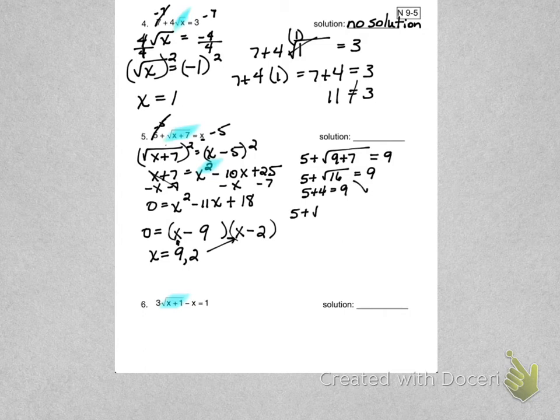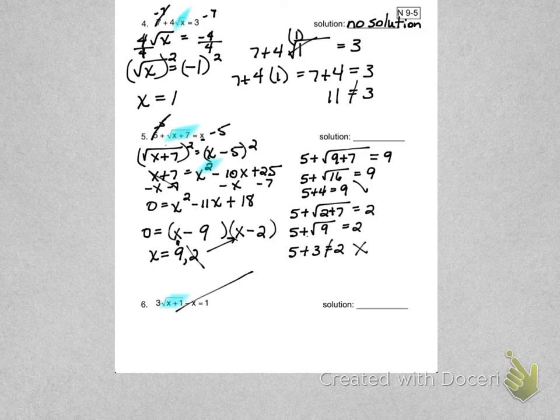5 plus the square root of 2 plus 7 equals 2. 5 plus the square root of 9 equals 2. 7 and 2 is 9. And so then we have 5 plus 3 equals 2, which is not true. So we have to eliminate this answer choice here.